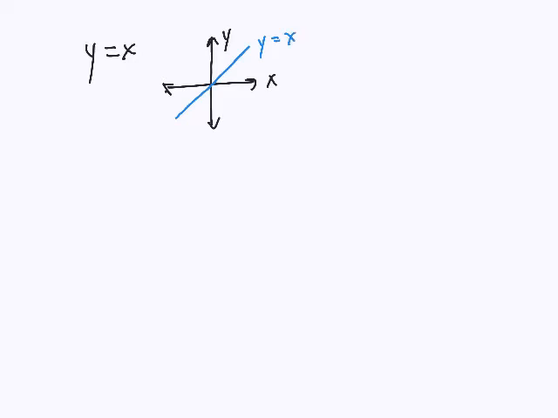So when you have a point A and you reflect across this line, you're basically switching the x and y components. So my symbol is r of y is equal to x, and the rule x, y is going to map to y, x. You're just going to switch them.